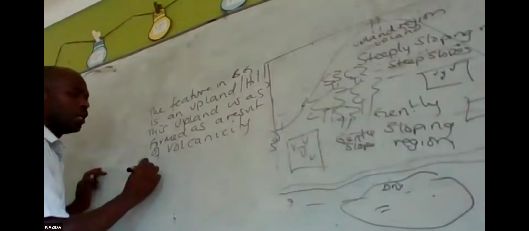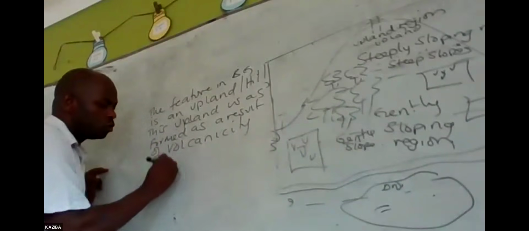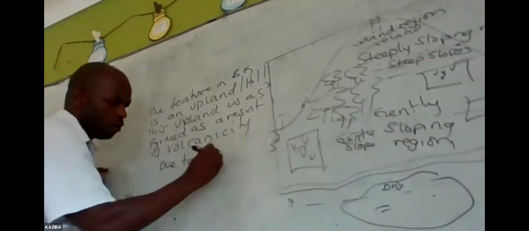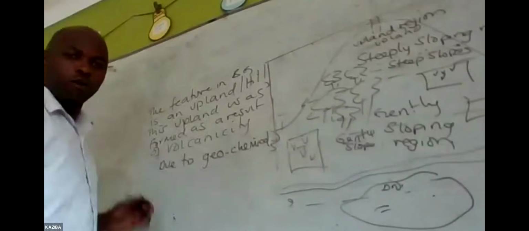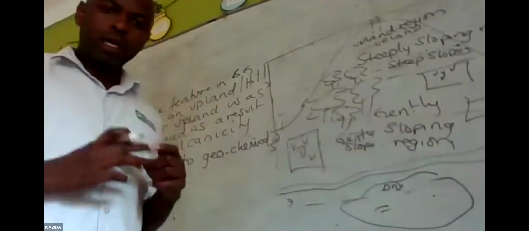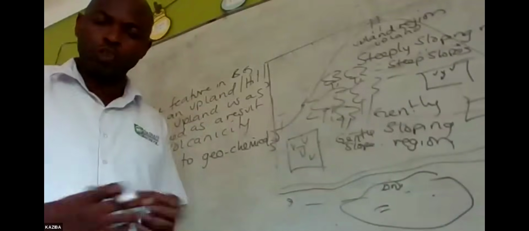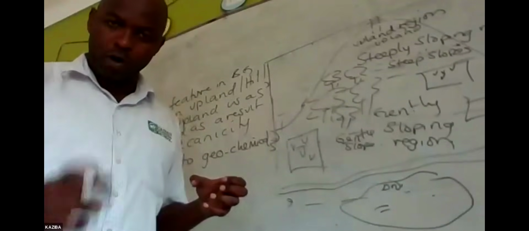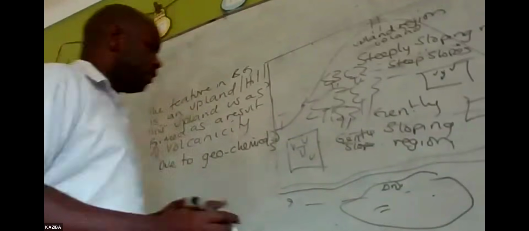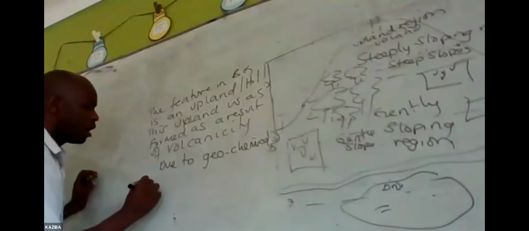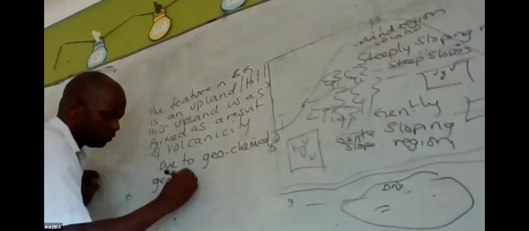So then you give us the origin of this volcanicity, due to geochemical reactions. Geo means rock, chemicals. So the chemicals within the rocks can react. Then there's also geophysical.